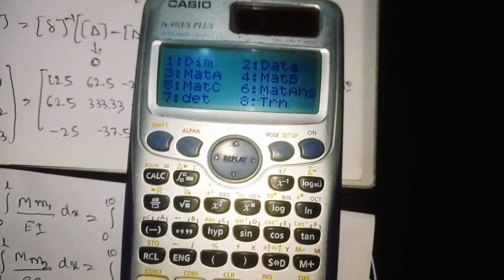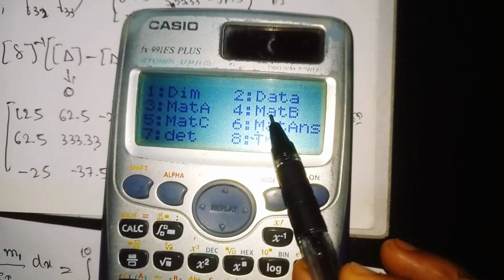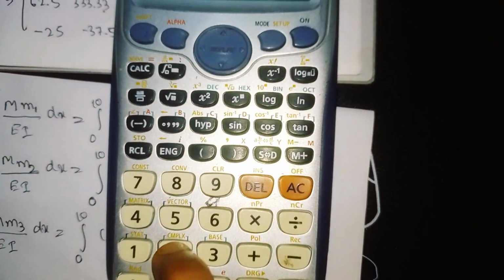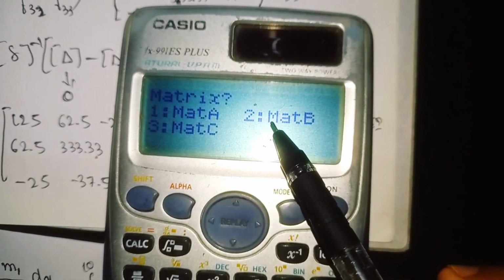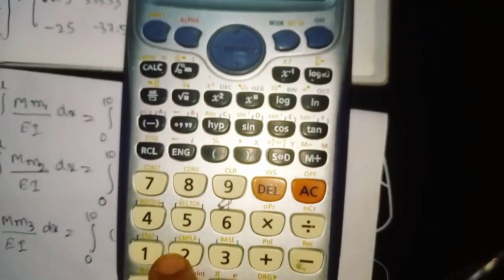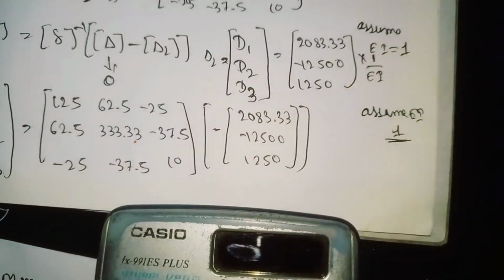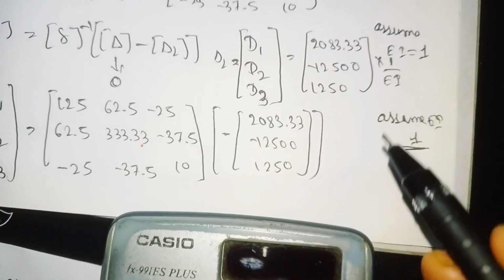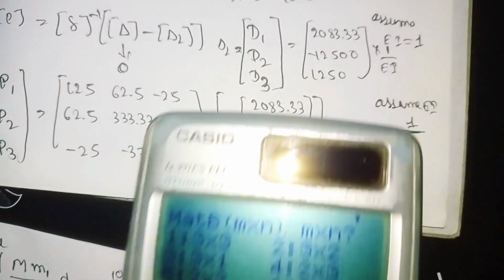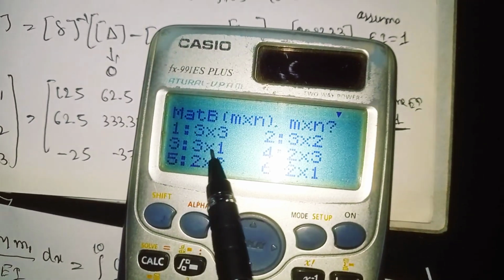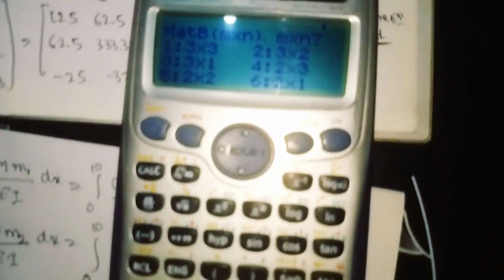You could see the data here at number 2. Press 2 and go inside the data, and you could see matrix 2 is at number 2. Our matrix B is 3 into 1, so press 3.